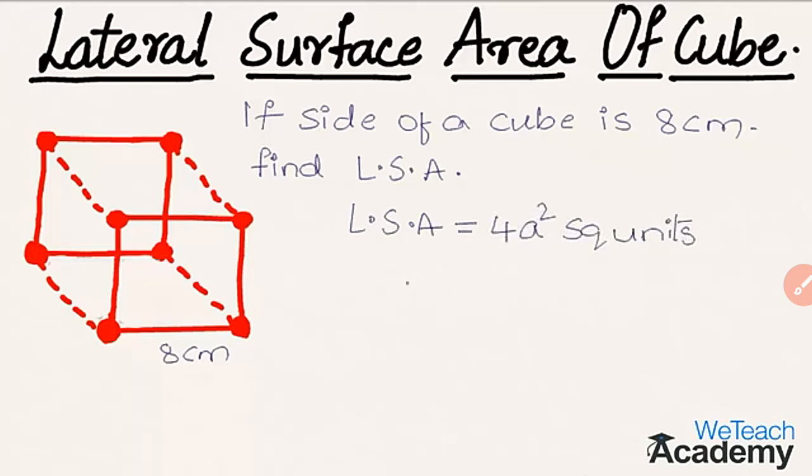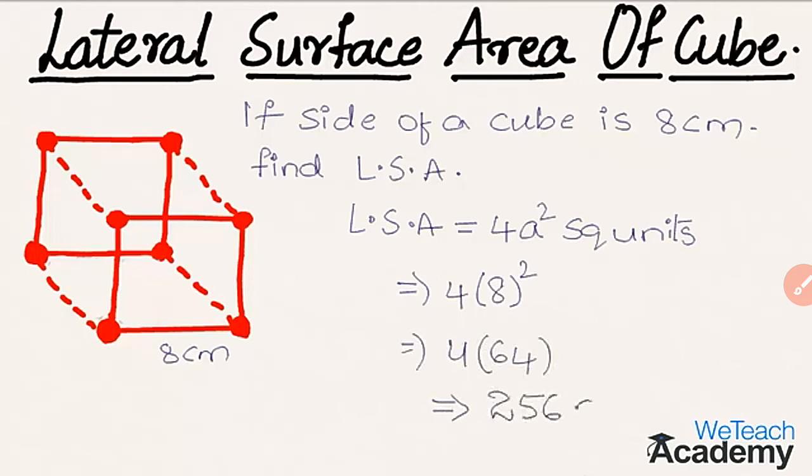LSA is equal to 4A square. Why? Because LSA means 4 faces, so 4A square. So 4 into 8 square, 8 square is 64. So 4 into 64 is equal to 256 centimeter square. LSA is equal to 256 centimeter square.